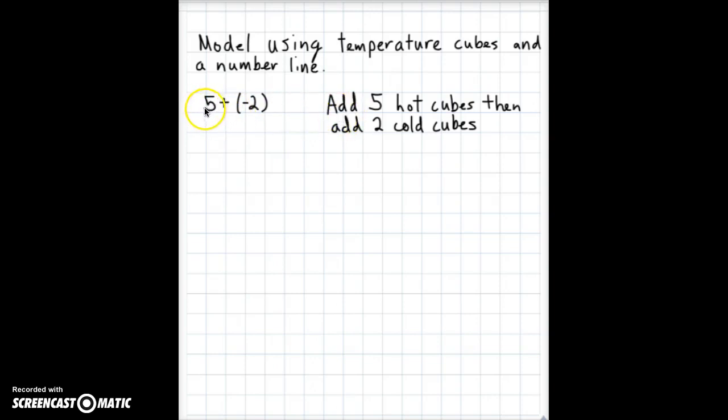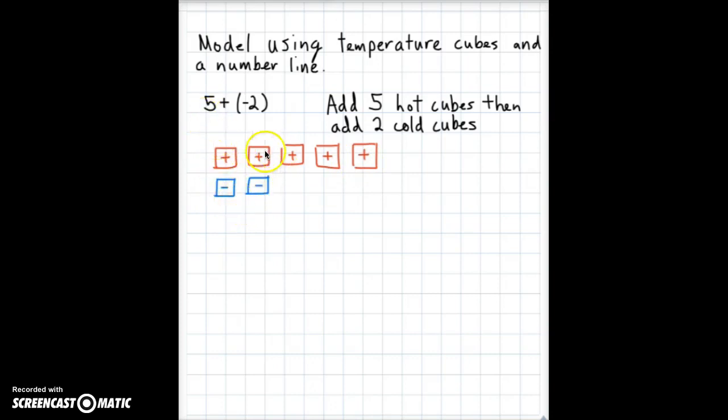Even though there's not an addition sign in the front, you can imagine that by adding 5 hot cubes, it brings the temperature up 5. So here is a picture of what that looks like. Here are the 5 hot cubes that were added, and then here are the 2 cold cubes that are added.